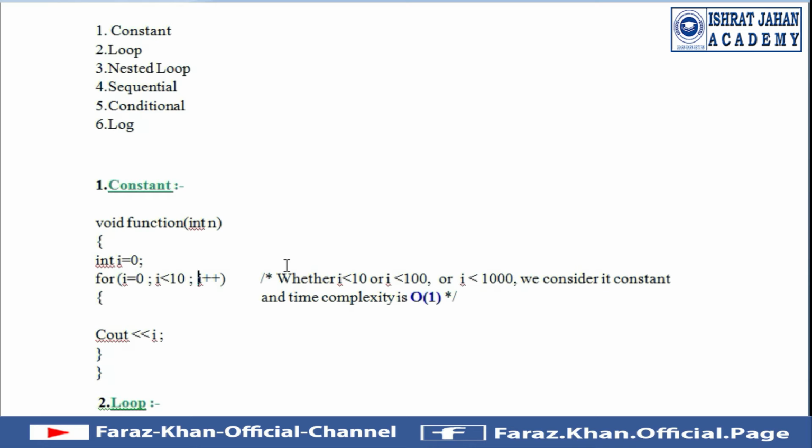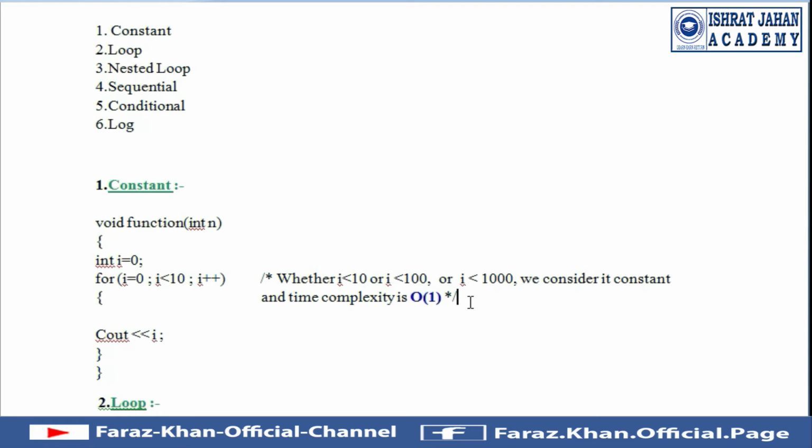So here is a simple code. Now the point is, you can see in comments whether i is less than 10 or i is less than 100 or i is less than 1000, etc. We consider it a constant and the time complexity is O(1). I repeat, it doesn't matter how big the value is.